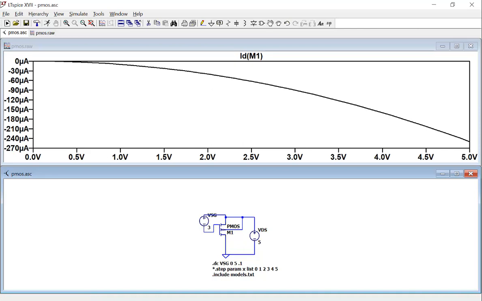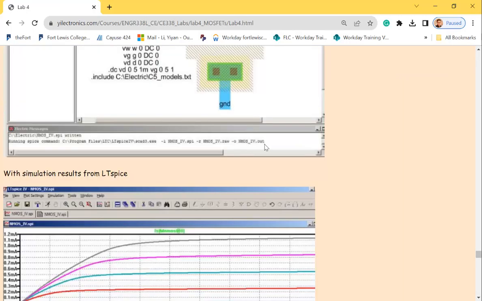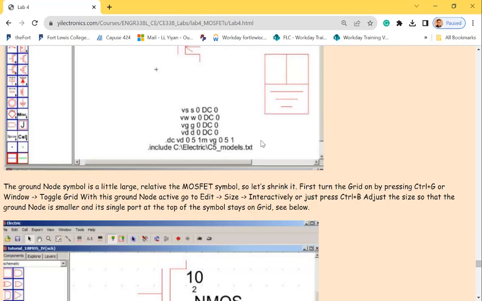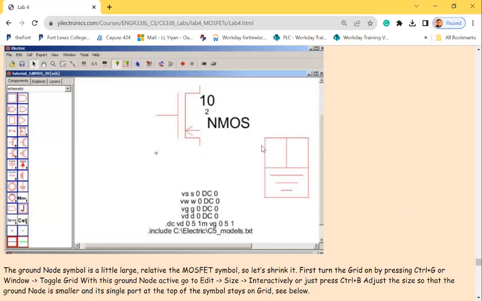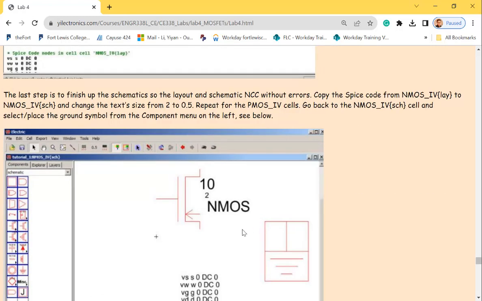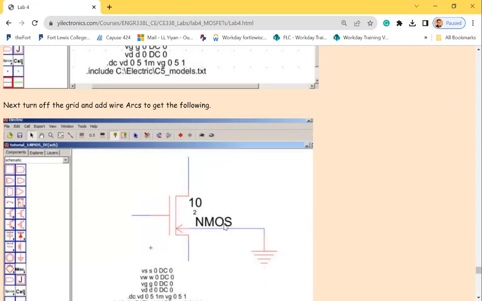Any questions so far? So I think the examples over here show a 4-terminal device, and I think it shows you how to change it. Just make it a default connection, so you don't have to use 4 terminals.